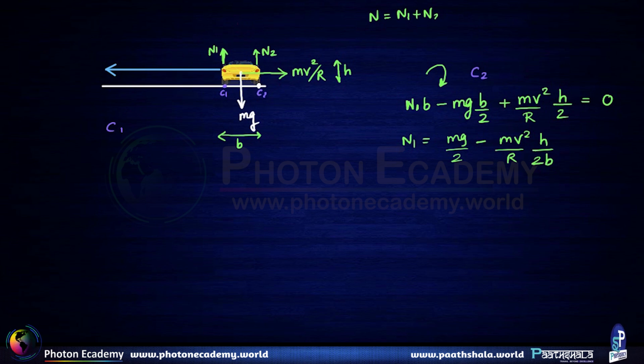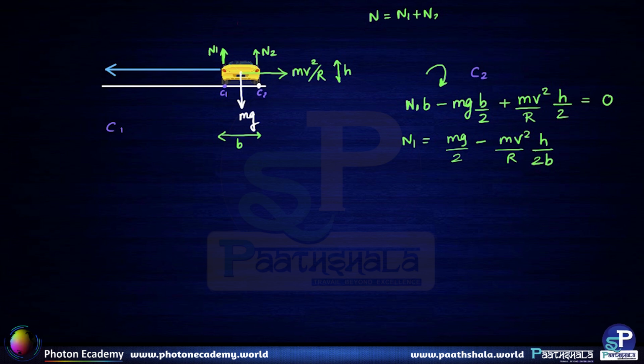Again, since the net torque is 0, we can then write N2 into B, so this is this kind of torque.